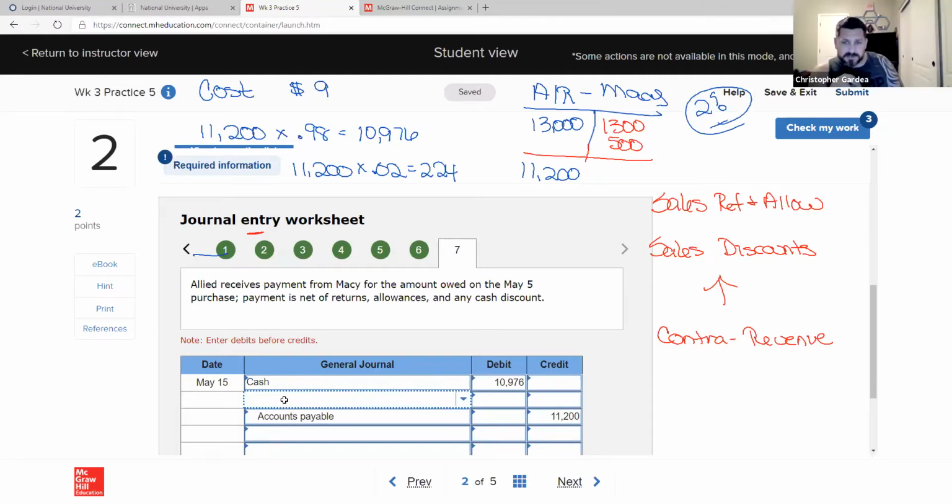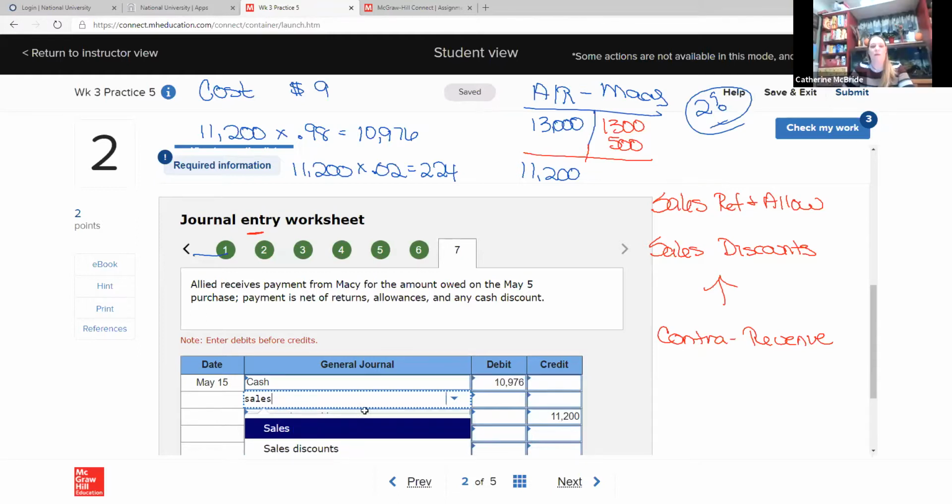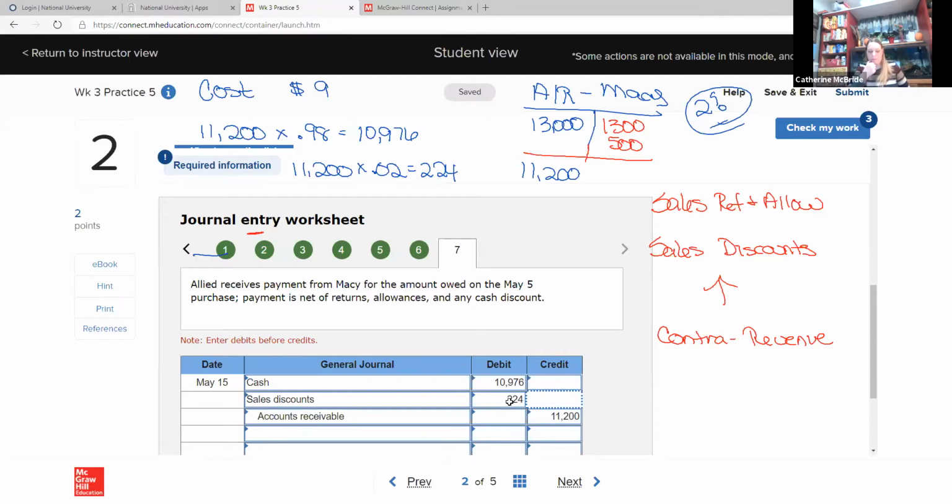That says accounts payable, that would be wrong. That's why I said you really got to keep your head straight. And so the difference here is going to be sales discounts for 224. Sales discounts. What kind of account is that?